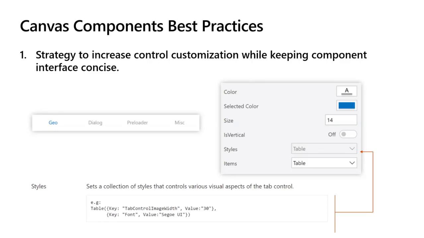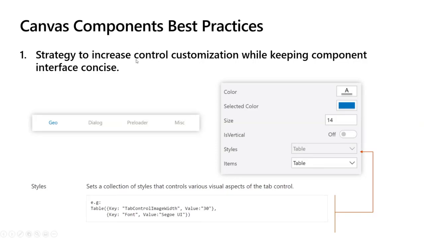So rather than exposing every single property as a main property of a component, I typically have this notion of a style table that is used to lump all of the additional style properties together that might not be as often used, or that might not deserve to be on the first controls interface.